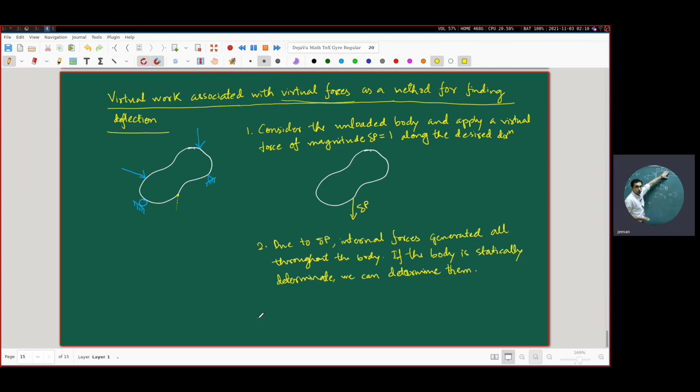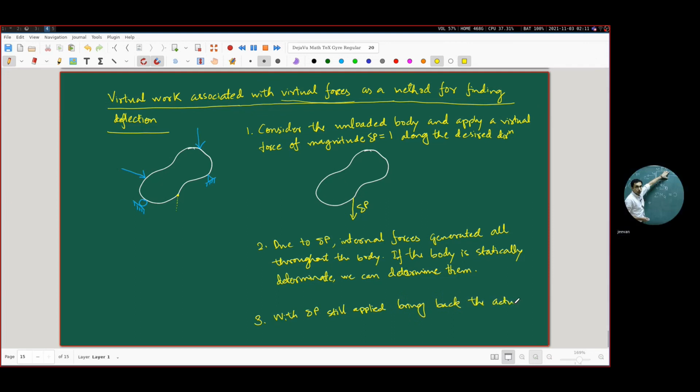So with delta P still applied, bring back the actual loading, that is, all the forces that are present.